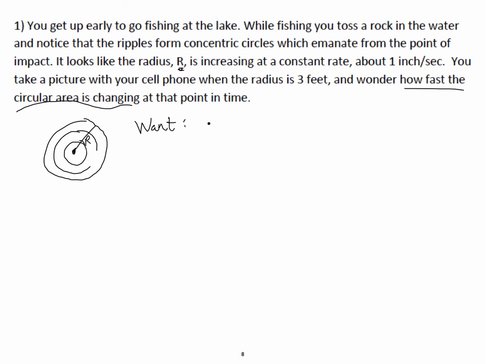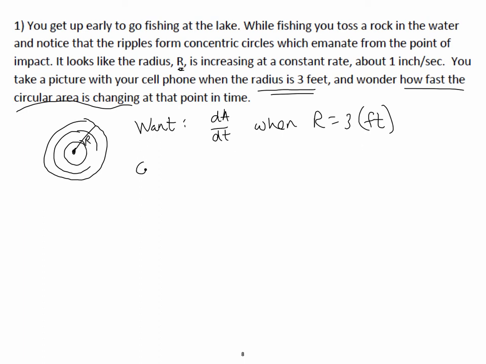So if I wanted to say mathematically what I want, how would I express how fast the circular area is changing using mathematical notation? dA over dt. Exactly. So I want dA/dt when what? When radius is 3 feet.